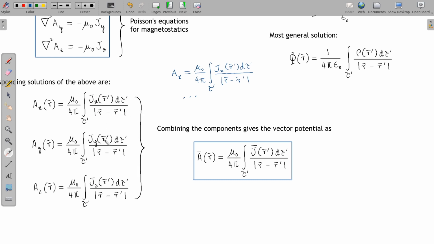When you combine these components, that simply gives us the vector current density, the volume current density.